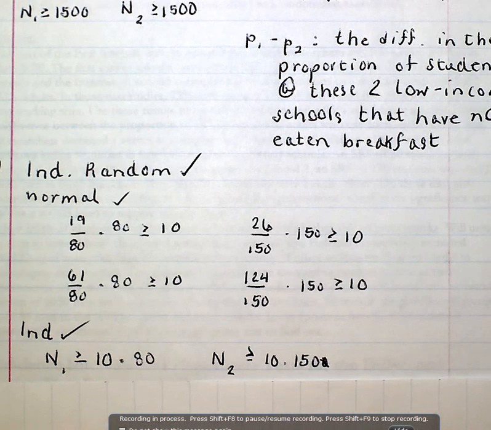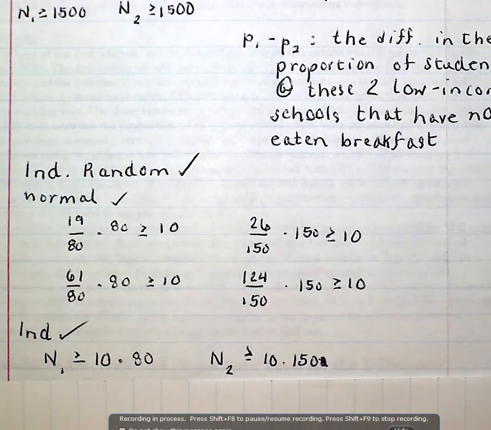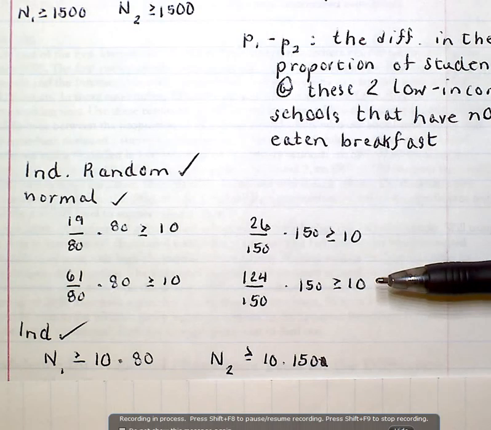So independent random, I think it's reasonable to assume that the kids at one school don't affect the kids at the other. Normality, notice I'm checking my np-hat and nq-hat for the first school, and I'm checking my np-hat and nq-hat for the students at the second school.